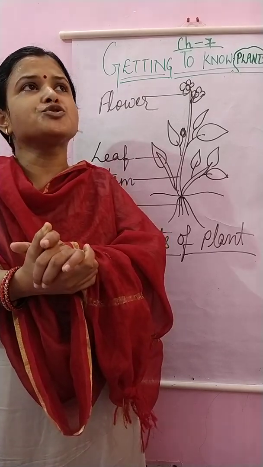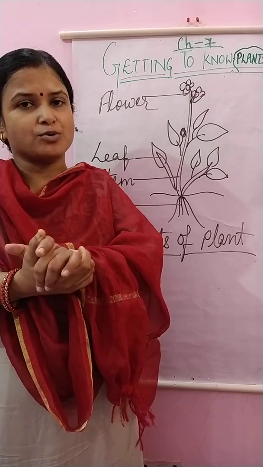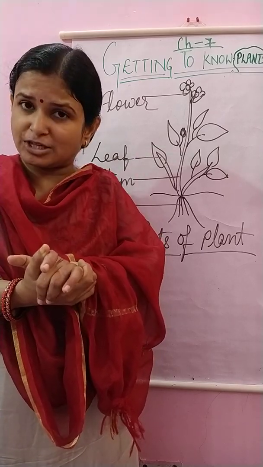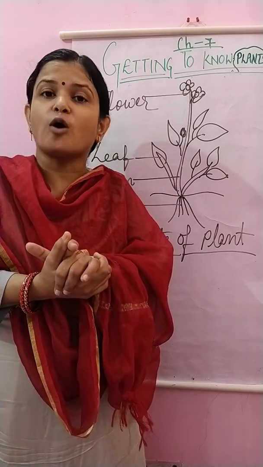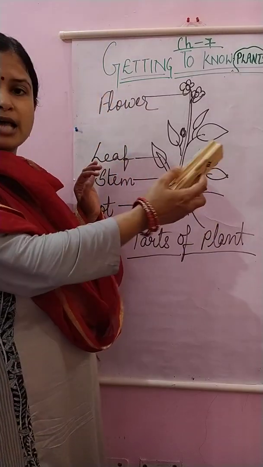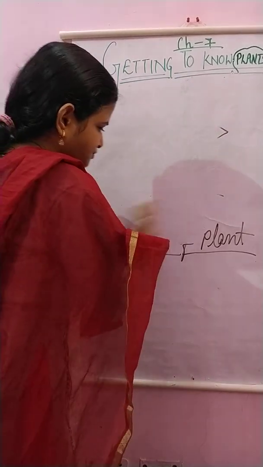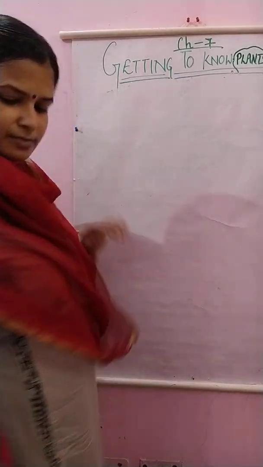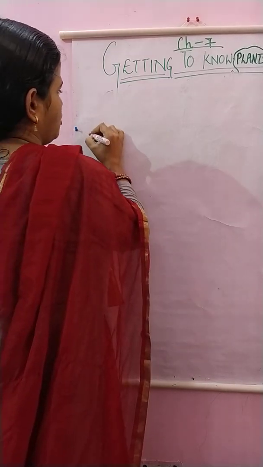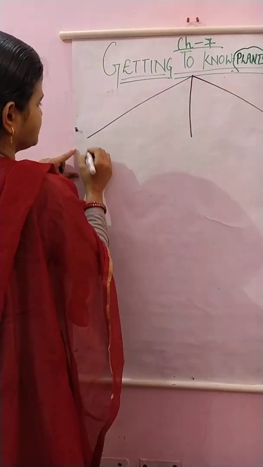Okay, so in this chapter we are going to study about different kinds of plants and how to differentiate them on the basis of some characters. Okay, like different kinds of plant.